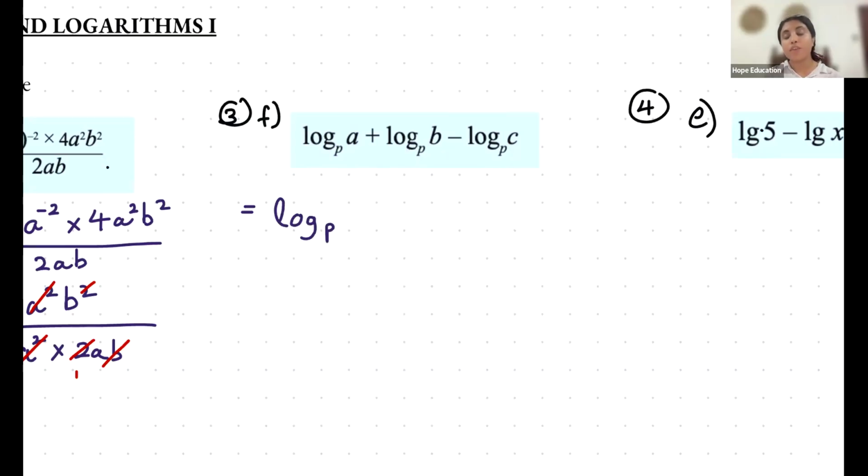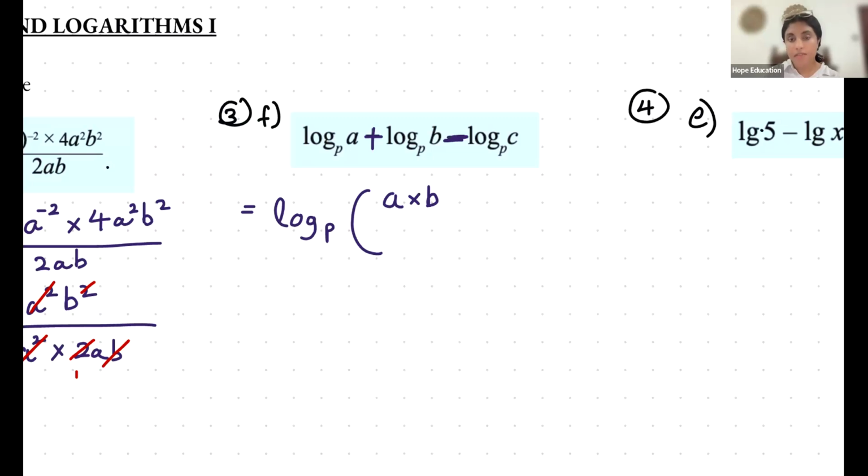Now log A to the base P and log B to the base P are added. In logarithms, multiplication is what becomes addition. So here there is addition, and addition I can write as multiplication. Then here there is subtraction, and what becomes subtraction is division.